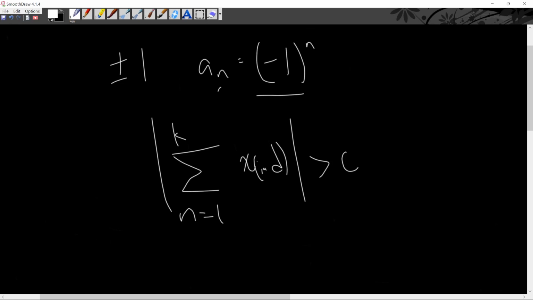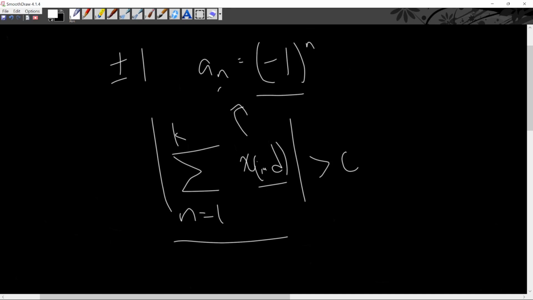And this x sub i times d is the sequence that we're working with, a sign sequence, right? And it's saying that this sum, if there's an absolute value being taken, this should be greater than c. But this is a discrepancy with the idea of oscillation.